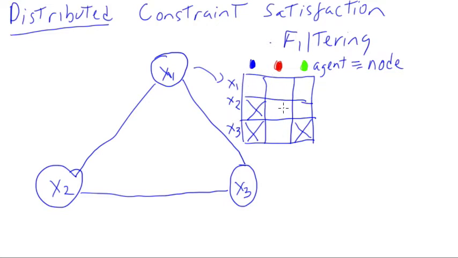But x2 can only be red or green, and x3 is basically down to just red. X3 can only be red. Then x2 and x3 similarly will have a table like that, or maybe it's different; it depends on how the problem is set up.